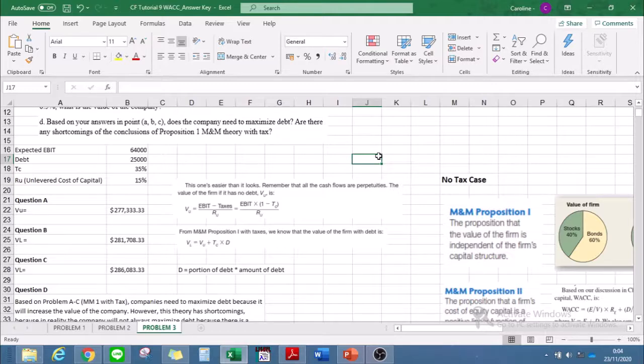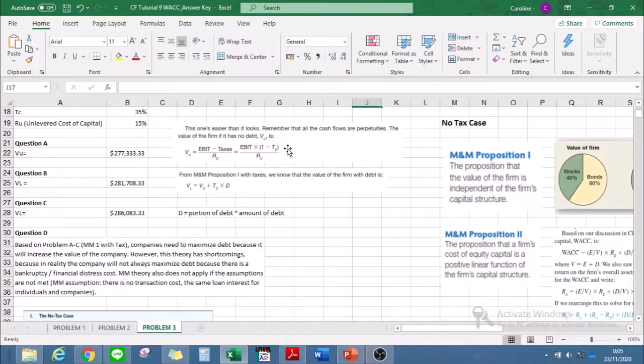And so from these answers, we know that the higher the debt used by the company, the value of the firm also increases, right? So does the company need to maximize the debt? According to M&M Proposition 1, yes, the company needs to maximize the debt because it will increase the value of the company.